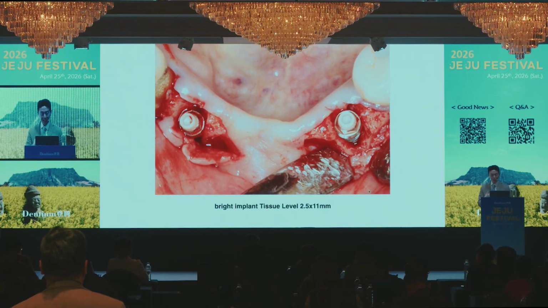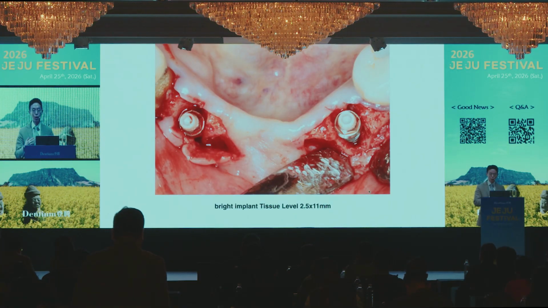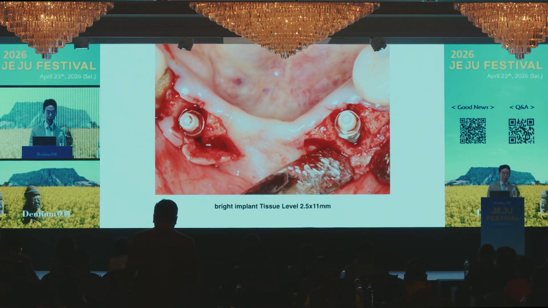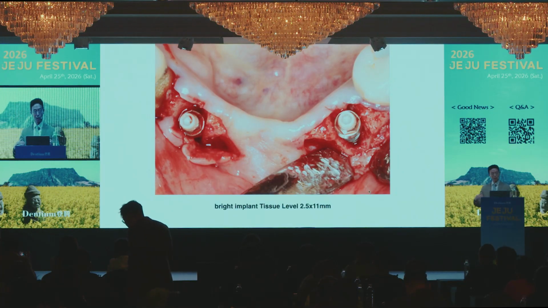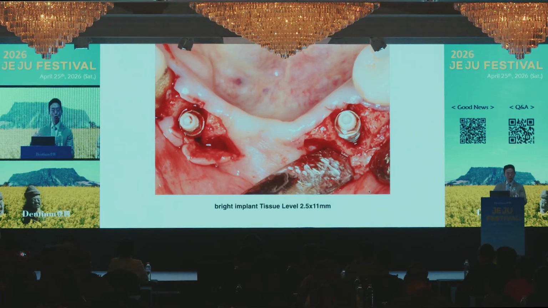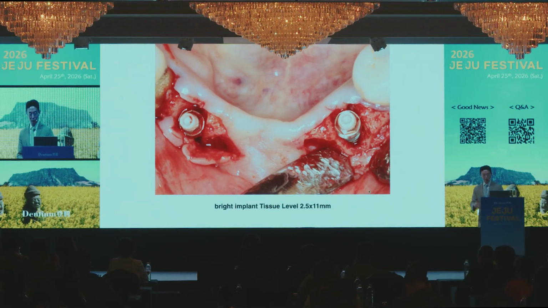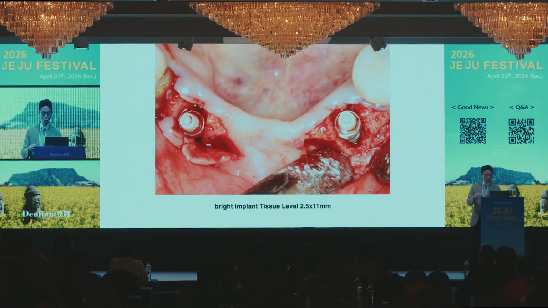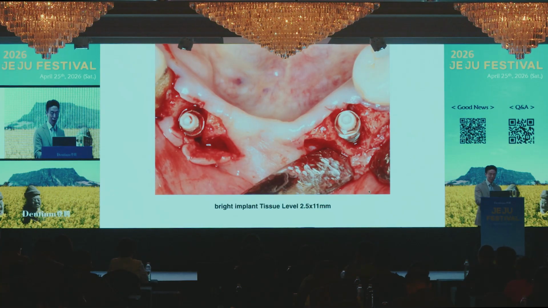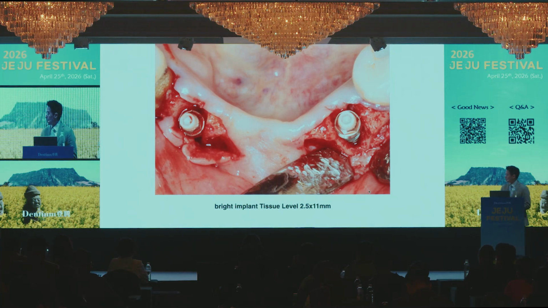The standard, regular size of the implant fixture is mostly 3.5 millimeter diameter. If I had used more than 3.5 mm fixtures, the exposure would have been much larger and more extensive. Since the defect condition was not unfavorable, I determined to do the simple GBR.